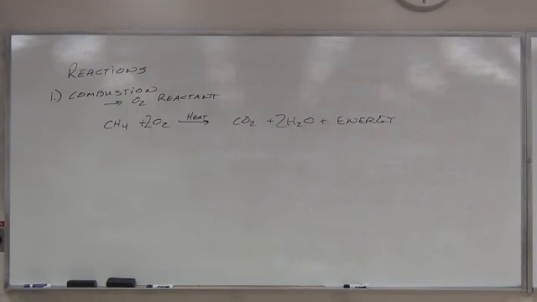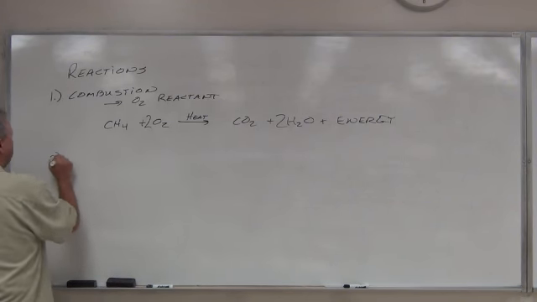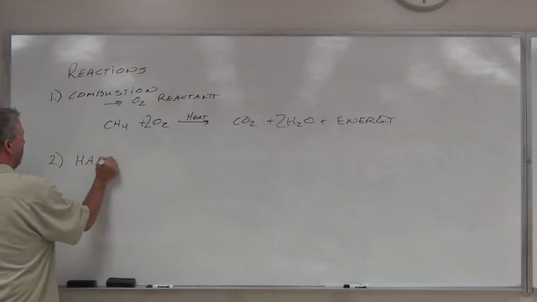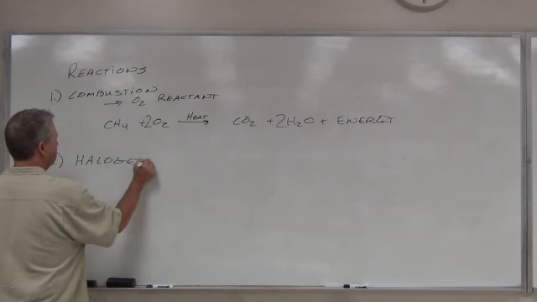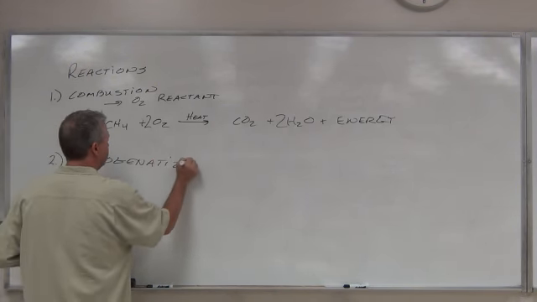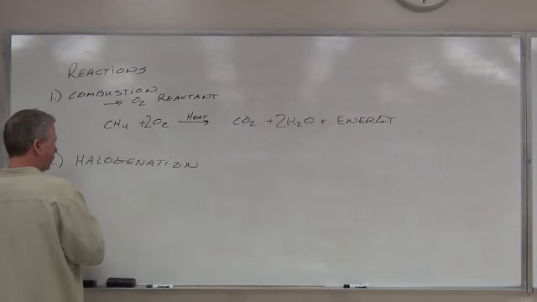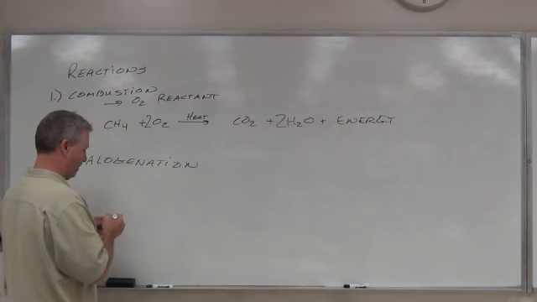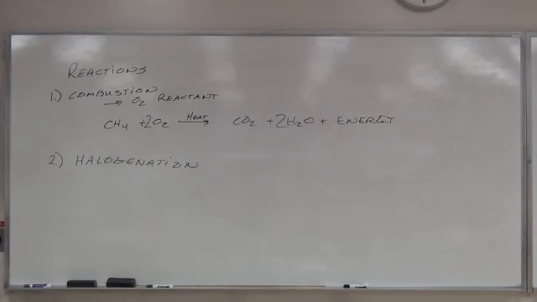The next one is halogenation. Halogenation involves a radical-induced chain reaction, so it'll be a substitution. I think we're probably only going to concentrate on chlorine, maybe bromine.